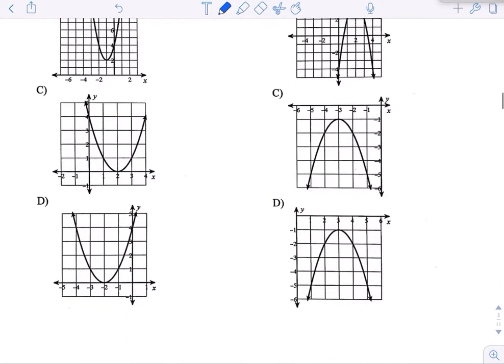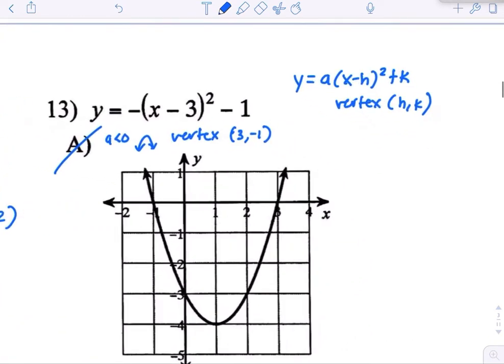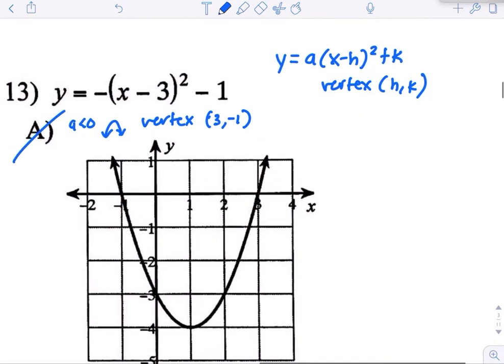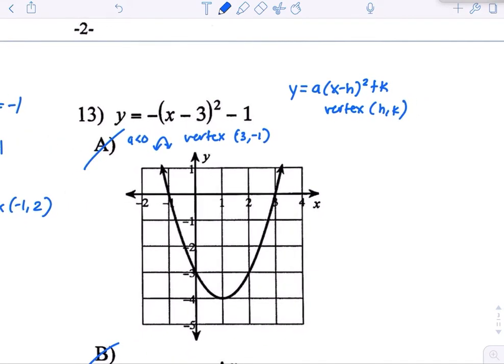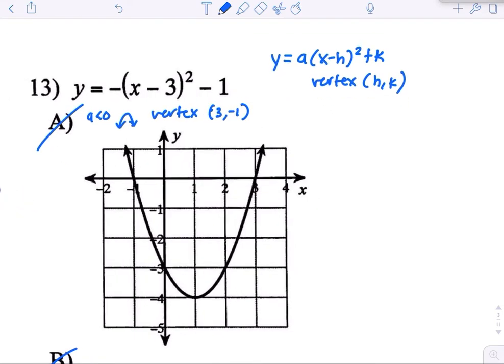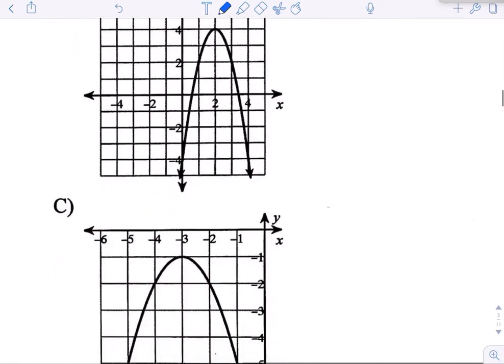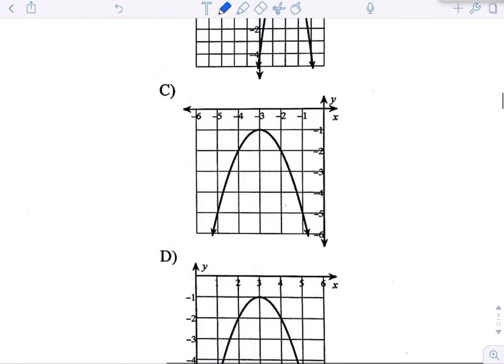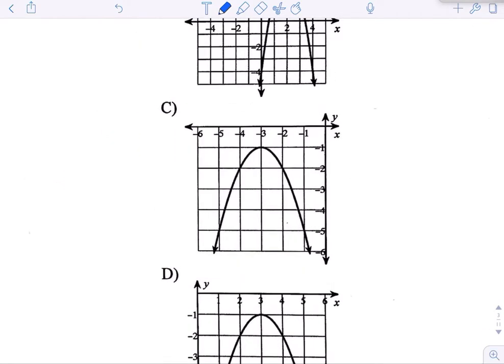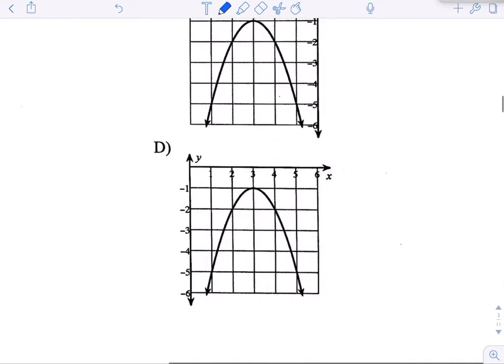Oh, yeah, 3, negative 1. Sorry, I got tripped up. Nope. This one, 3, negative 1. Yep, D.